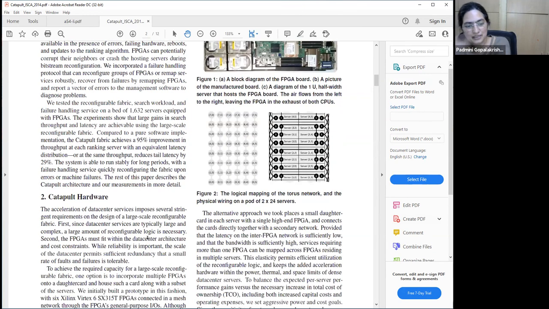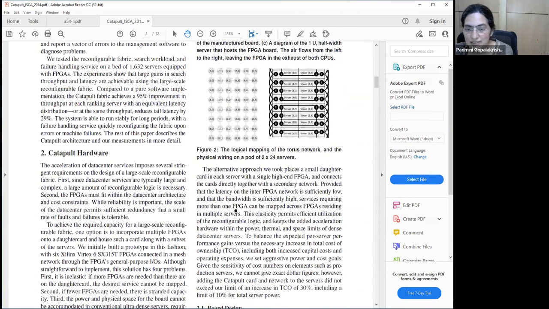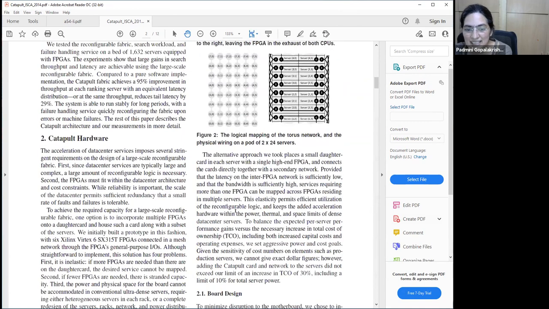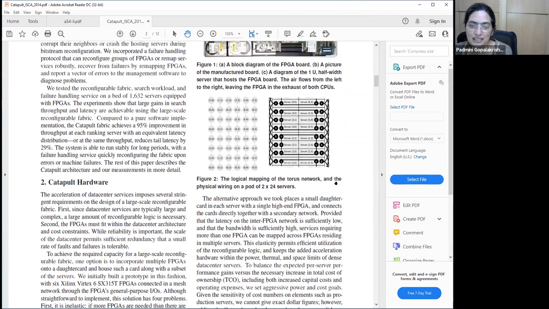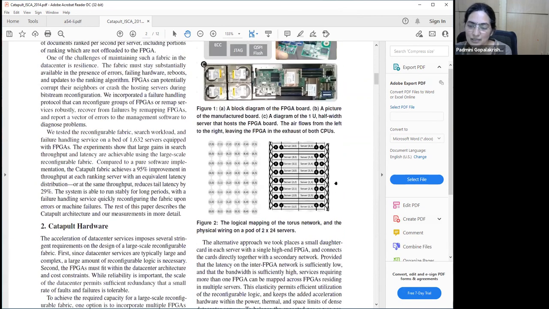Here they talk about why they had this kind of framework. Can you think of a couple of ways in which designing an accelerator for a data center would be very different from designing for the edge?